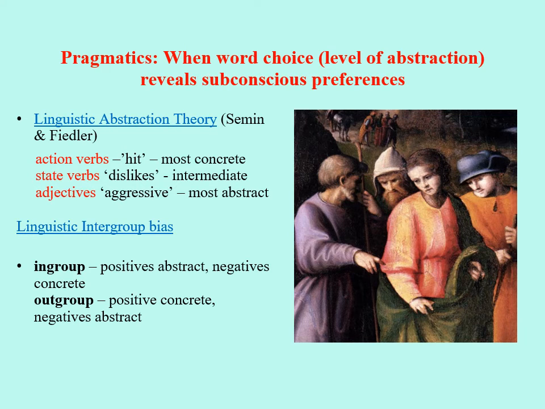The opposite is the case for outgroups. Positive behavior by an outgroup member is often described in limited, concrete terms, and negative behavior is described by abstract terms. So often simply analyzing the level of abstraction of a description can give away the personal inclinations and evaluations of the speaker.